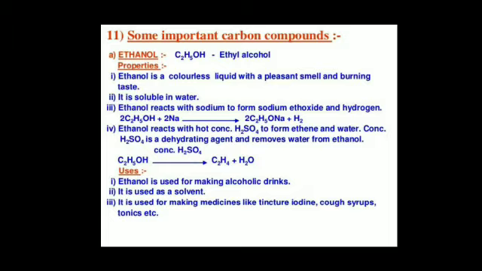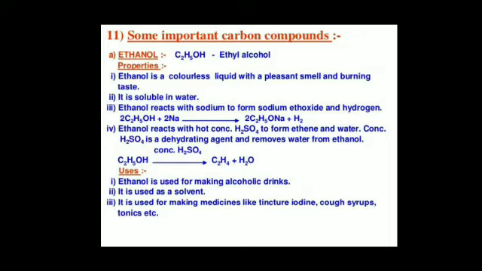Second, reaction of ethanol to give unsaturated hydrocarbon. As you all are familiar, unsaturated hydrocarbons are those that contain double and triple bonds. So heating ethanol at 443 Kelvin with excess concentrated sulfuric acid results in the formation of ethene, and it is a dehydration reaction because a molecule of water is released during this reaction.